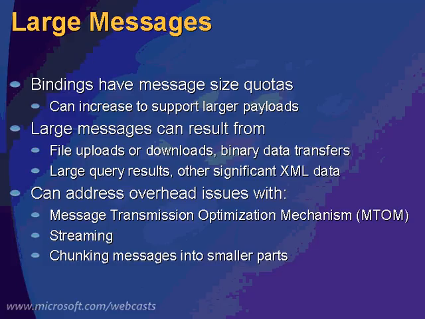So if you have any sort of large message resulting from transferring large images, other media, file uploads and downloads, very large reports, large blocks of XML, query results, anything like that can obviously quickly exceed the 64K limit of a message. And we do need to know how to configure the binding and increase the message size for sure.